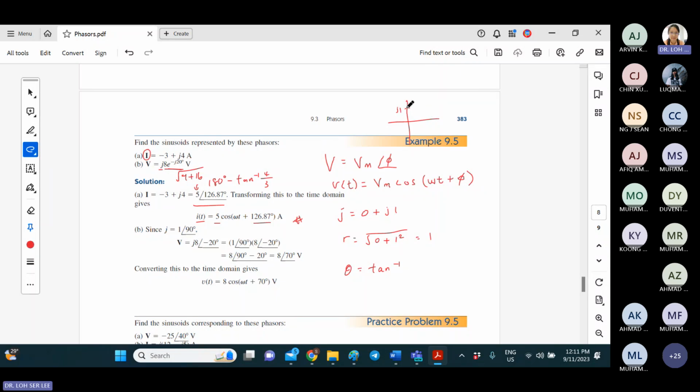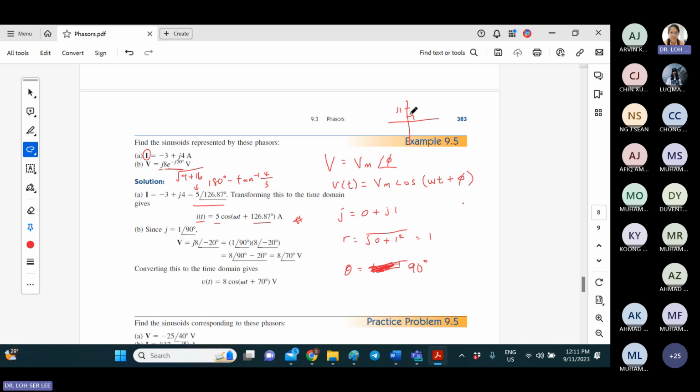So this will be 90 degrees. We don't need arctan, we don't have to calculate because this is 90 degrees.